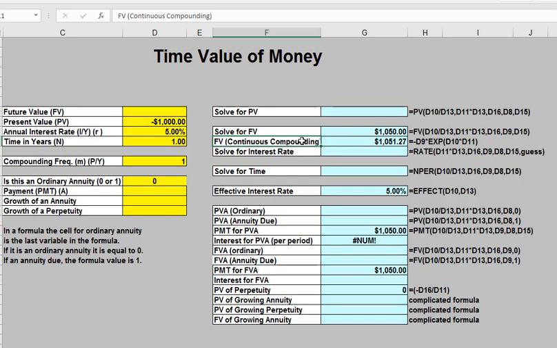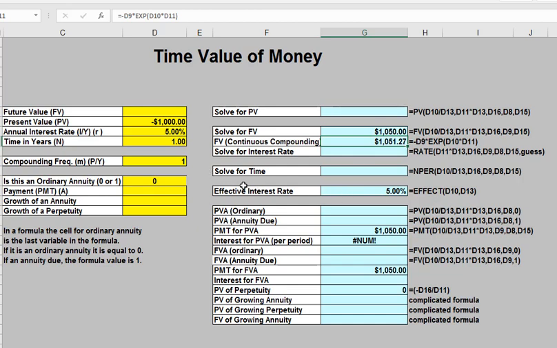If interest could compound instantly, what would this be? And the answer is $1,051.27. So occasionally you may be asked about continuous compounding. Again, it is something that I like to think is a little bit more theoretical than practical.